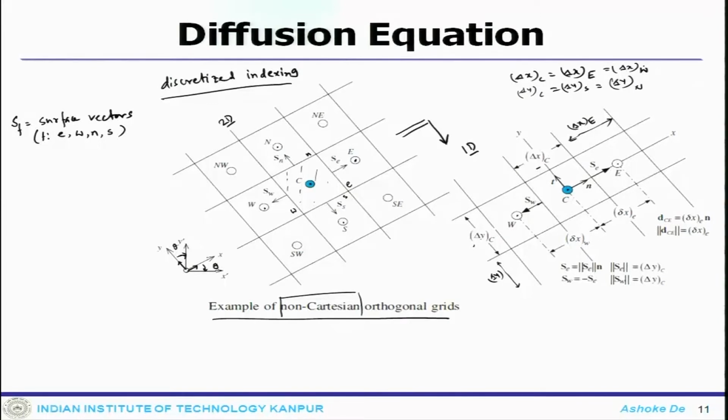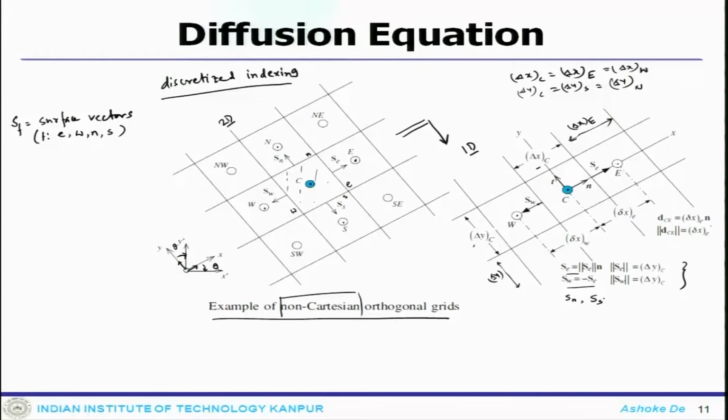Now, if you look at these distances, the distance between C and E is d C E, which is essentially the distance along the normal vector. So that will get you that, and similarly you get the surface vector A C, and the west, the opposite side. So you get both of these, and since this is one dimensional, in two dimensions we can similarly get S n and S s. That will follow the standard procedure that we have adopted.